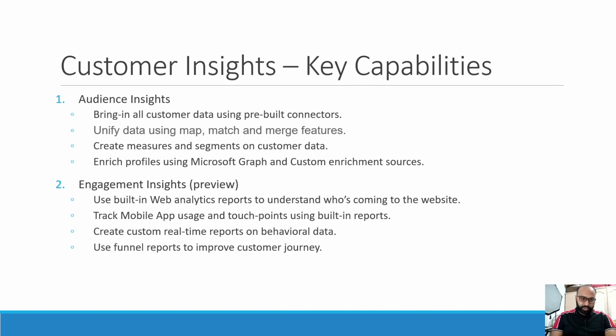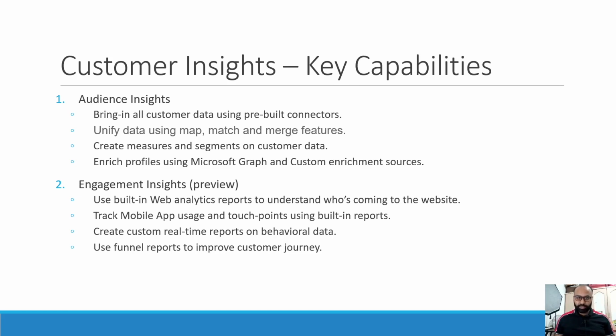Okay, after your data is unified, you will see your customer tiles, or customer unified data, or customer 360 view, in Audience Insights. Then the next step is you can create measures and segments on the customer data. Let's say you have data from your CRM and data from your e-commerce platform, and now you want to see the lifetime value of the customer, or total spend of a customer on both channels.